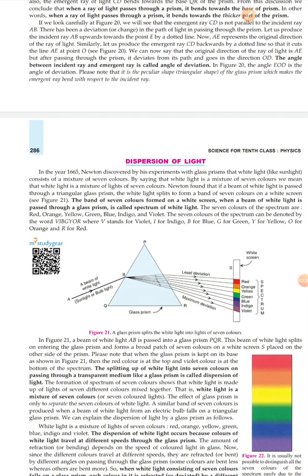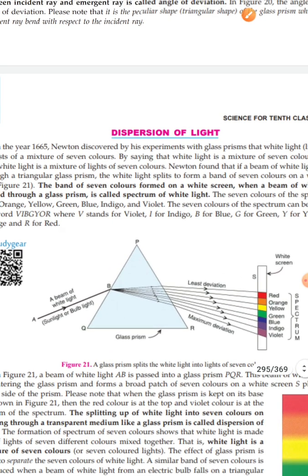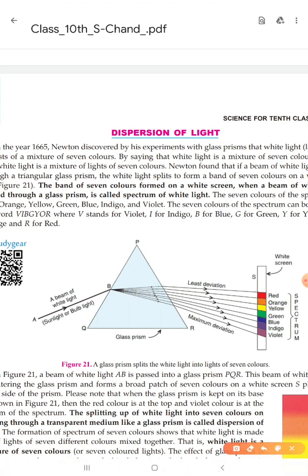Now dear students, because we know that light refracts through a prism, there is a phenomenon also based on that principle. That phenomenon is called dispersion of light. As we know from our earlier classes, when a light ray passes through a prism, it deviates into seven colors.